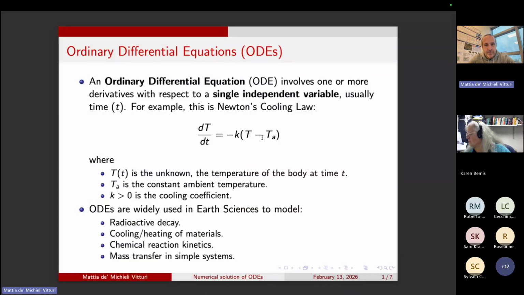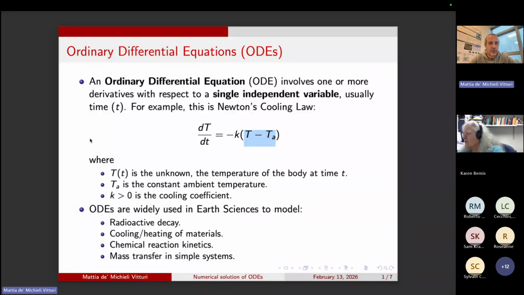And the ambient has a different temperature, which is denoted with TA. And so the temperature of our body will evolve because there is a difference in temperature between our body and the ambient. And so the rate of change in time of temperature is proportional, through the constant K, to the difference in temperature.